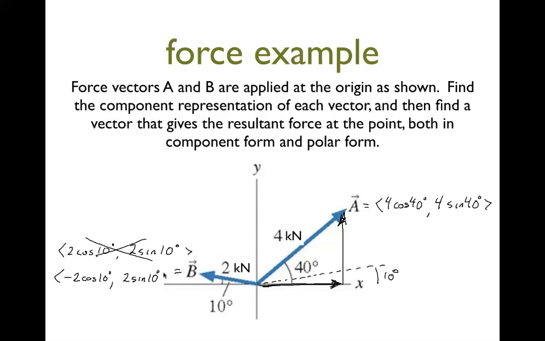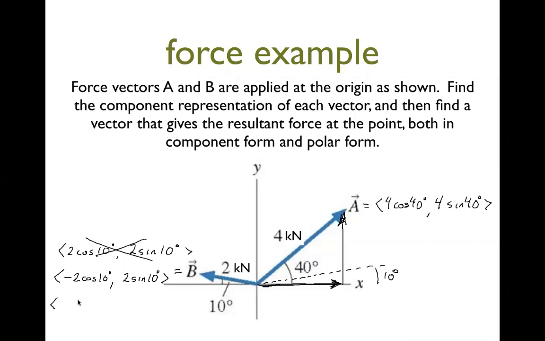Even though we're here in the second quadrant, the sine of 10 is actually the same as the sine of this direction because they're both positive. Sine is the y coordinate. But with the x component, if we do cosine of 10, then we have to take the opposite because x is negative here in the second quadrant, where x is positive in the first. So that's one way to do it.